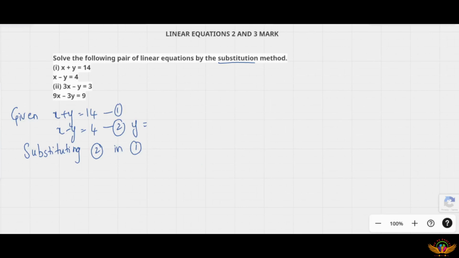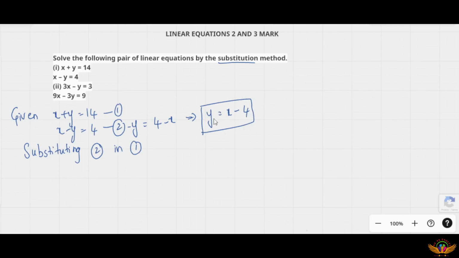Be very careful with the signs. A small sign changes everything. Minus y is equal to 4 minus x, and when the minus goes to the other side, the y value becomes x minus 4. See how much difference it makes? Before, I wrote 4 minus x directly. So be very careful with the calculation. Better you do it step by step, then we can avoid this kind of small confusion.